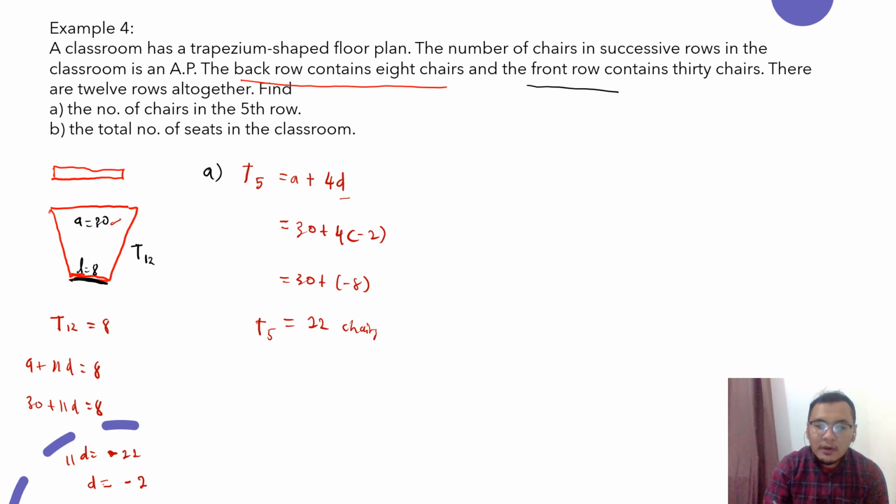Let's go for question B, which is to find the total number of seats in the classroom. We need to find all the seats in the classroom, so we need to use the formula of S. N is 12, because it asks for the total number of seats, so we need to find S12.